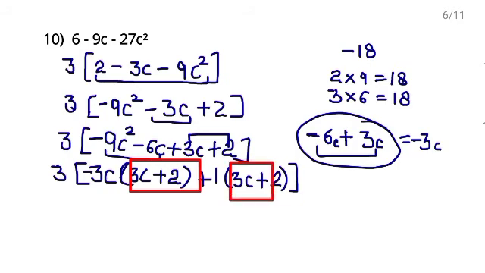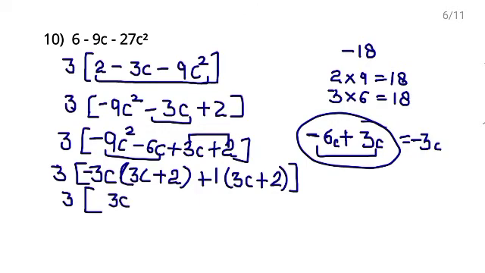Now these are common binomial factors, so take it common. Common ले लेते हैं इसको. This is outside the square bracket. Now take common. 3c plus 2 को common ले लेते हैं. Now you are left with minus 3c plus 1, right? So right here minus 3c plus 1.